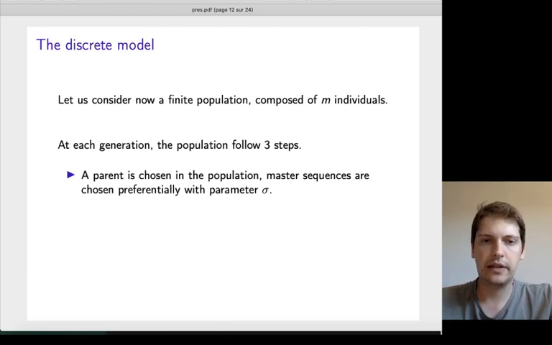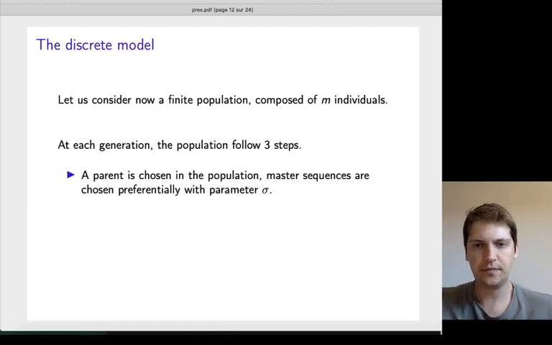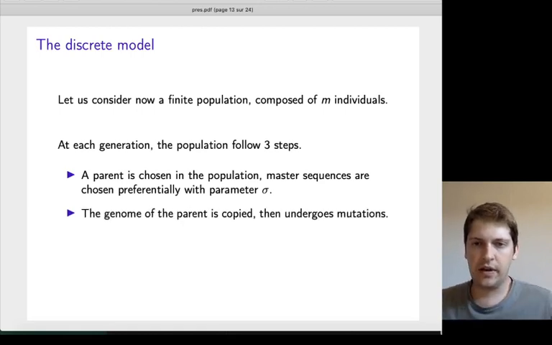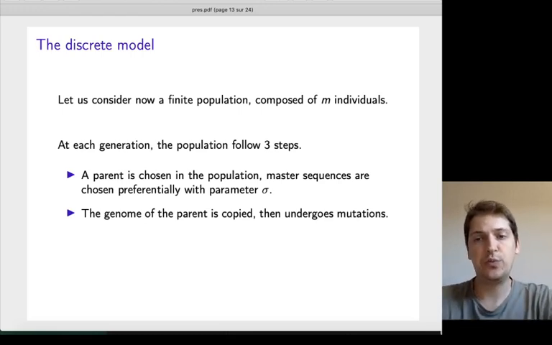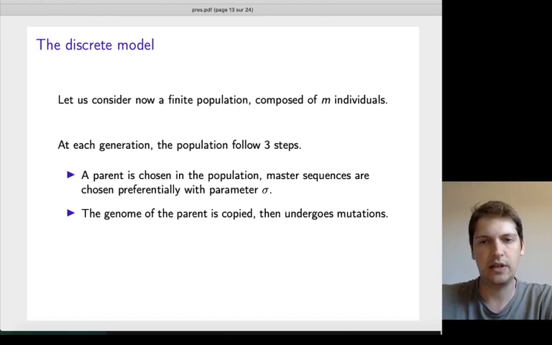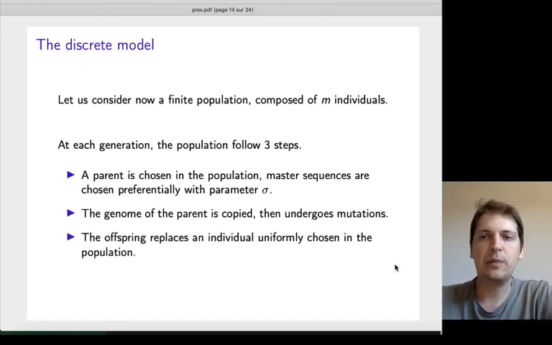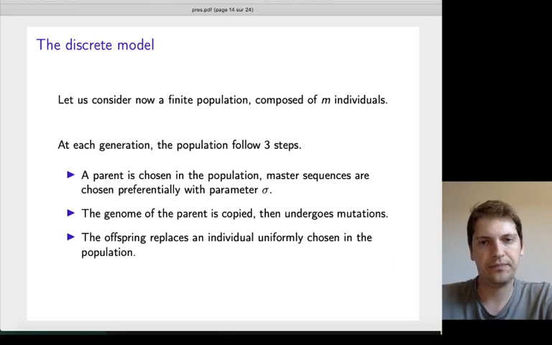It's here that selection enters the game because master sequences are chosen preferentially with parameter sigma. Then the chosen individual gives birth to a child which undergoes mutation, so each bit of its genome is changed independently with probability q. And last step, the offspring replaces an individual chosen uniformly in the population. This keeps the population size constant over time.